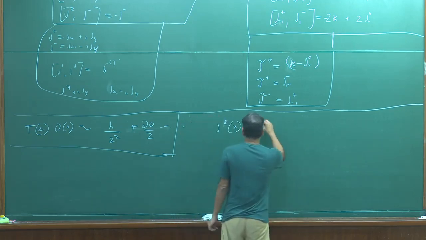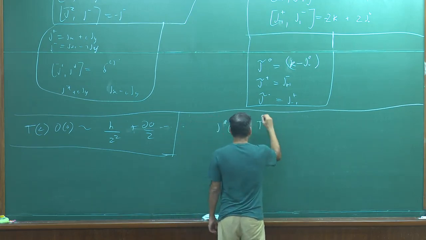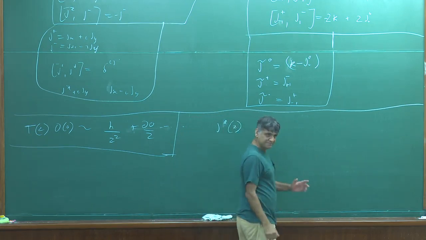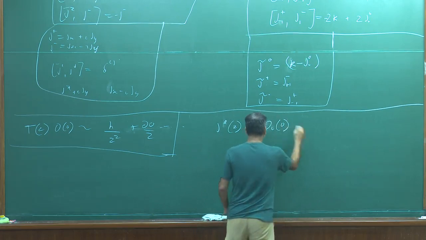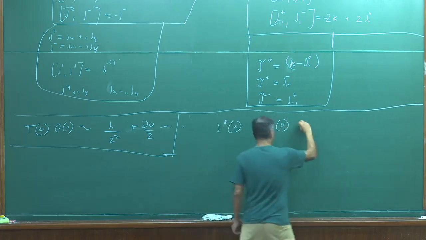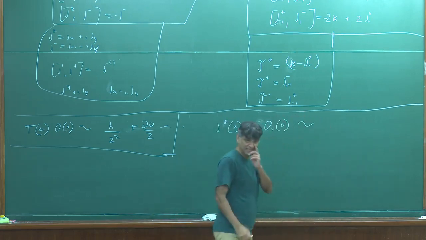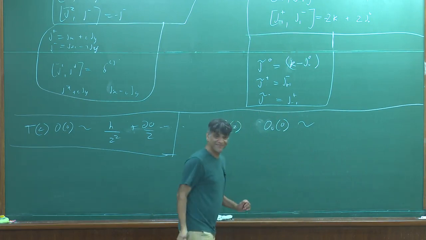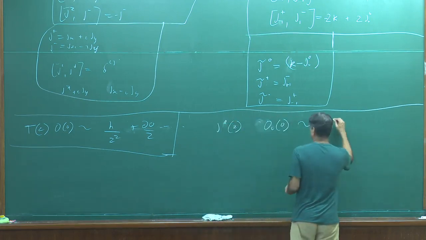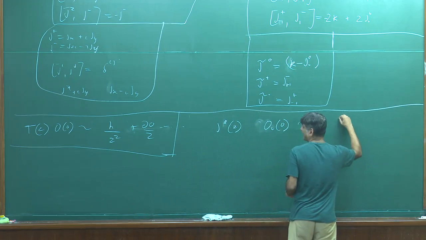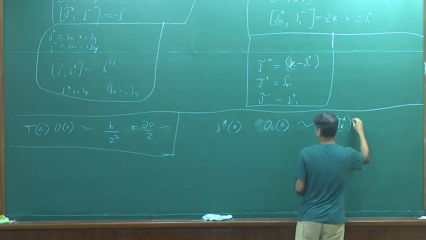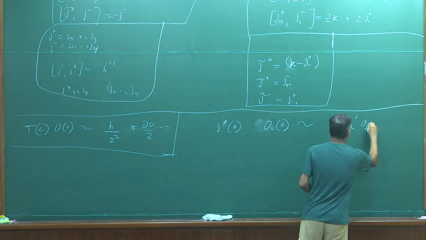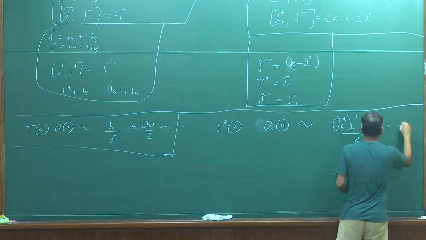Suppose we've got an operator O_i(0). You define primary operators as those that have the OPE J^a(z) O_i(0) is minus T^a in representation R, ij, O_j(0) by z, plus and so on.